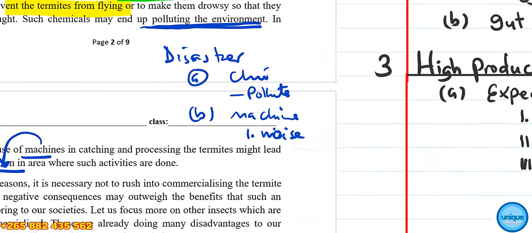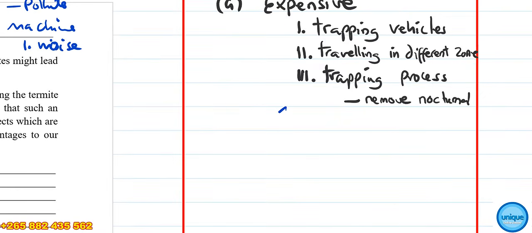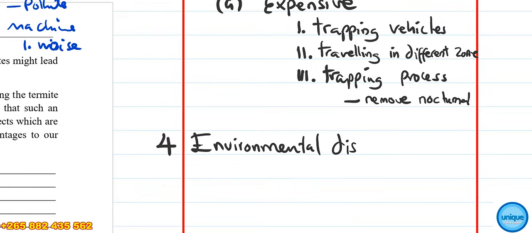Ndaba chimeti pange tikalembe up zomwe timazilemba apasi. So we're going to skip a line. Tikapanga skip a line tikalembe main point. So we have main point number 4, which is the final one. Environmental disaster.